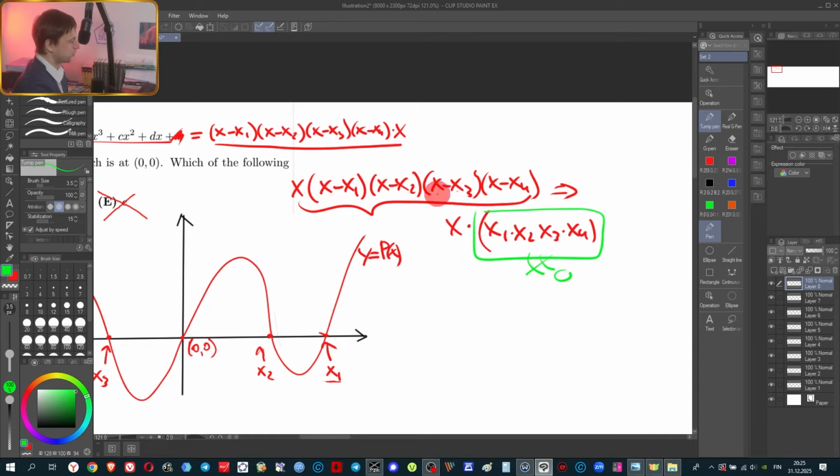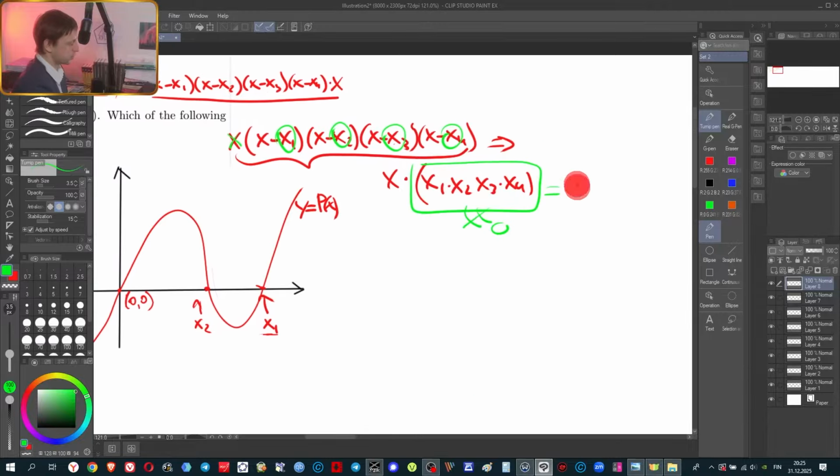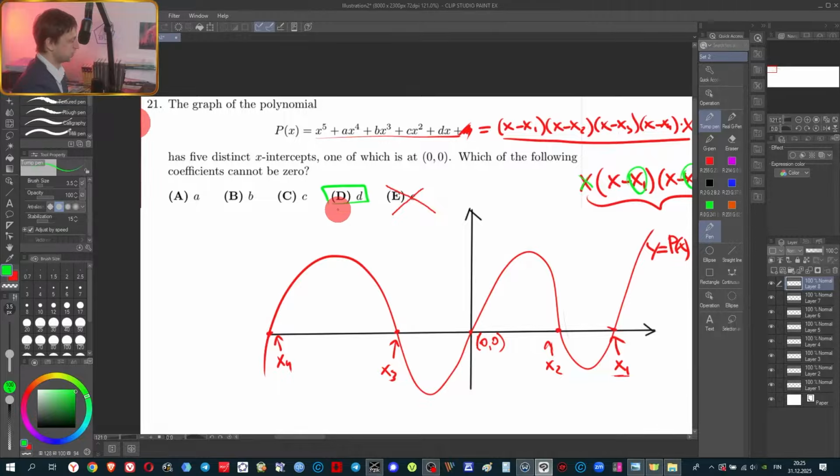All the other terms will have x in some power. The only term where you have x in the first power is if you take x from here and multiply by each of these numbers, and this coefficient is actually d. So this shouldn't be 0, and therefore d is not 0.